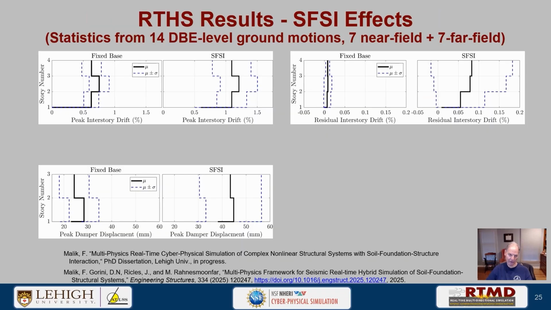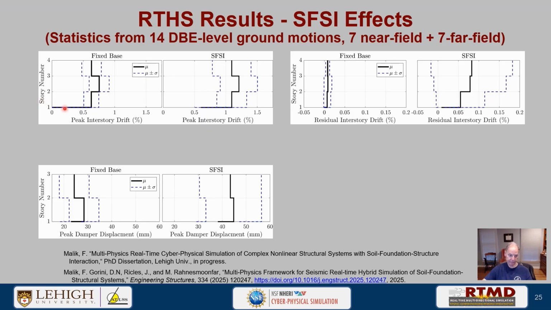So now let's look at the results here. These are statistics. We actually ran 14 design basis earthquake level ground motions, 7 near field, 7 far field. And what I have plotted here on the left-hand side is a peak inter-story drift for each story level.